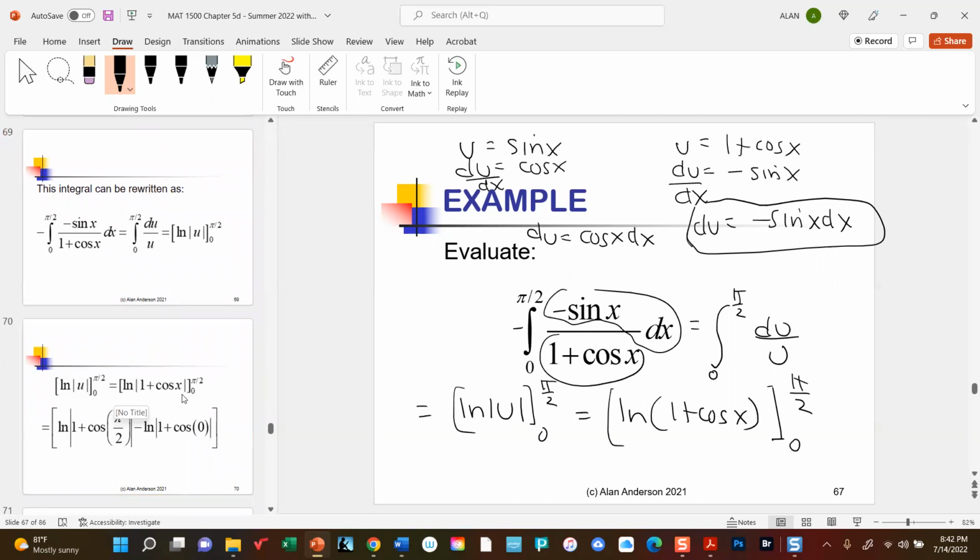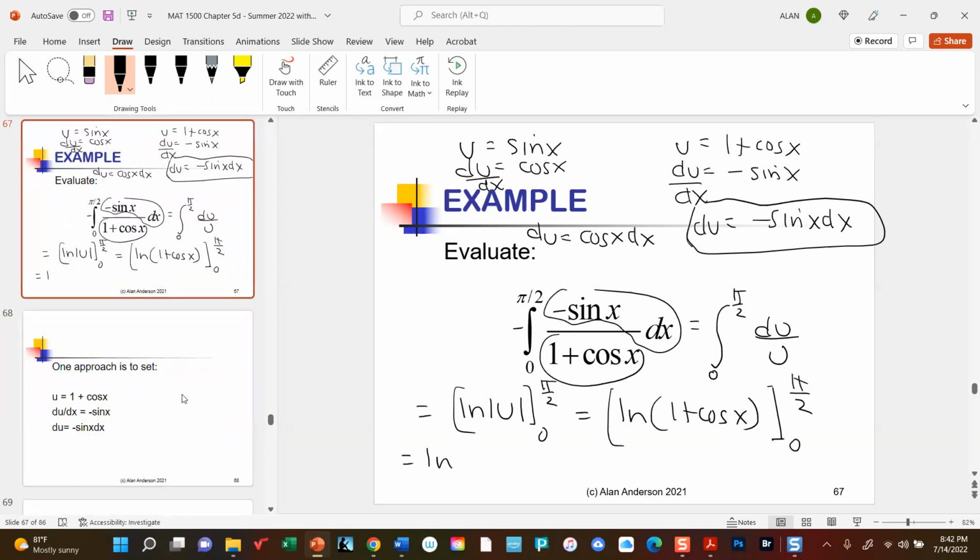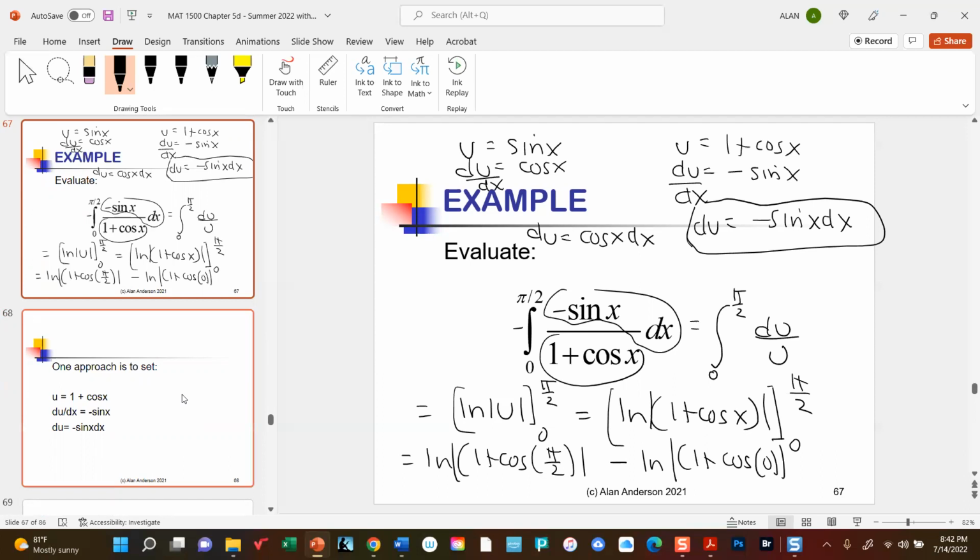So you've got log, actually, this is an absolute value. Let's not forget that. Okay, so in other words, you notice how the x's have been replaced first with pi over 2 and then with 0.